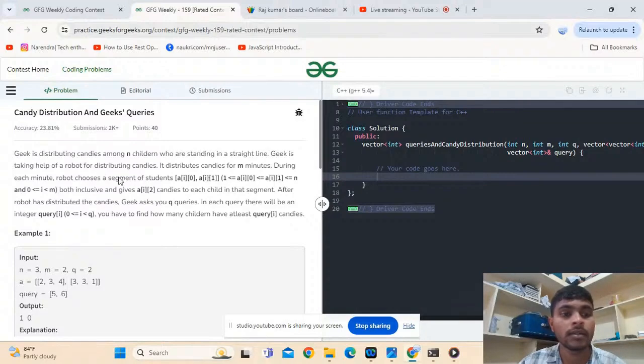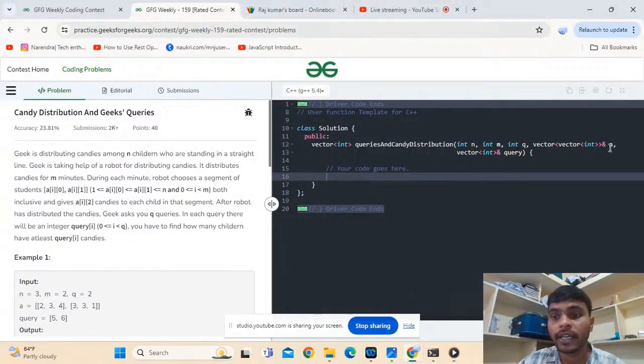He has given it in the form of a[i][0], a[i][1]. So here the vector has 3 variables, and the number of elements in the vector of vectors is always less than m, because he can distribute only m times. So i is always less than m.